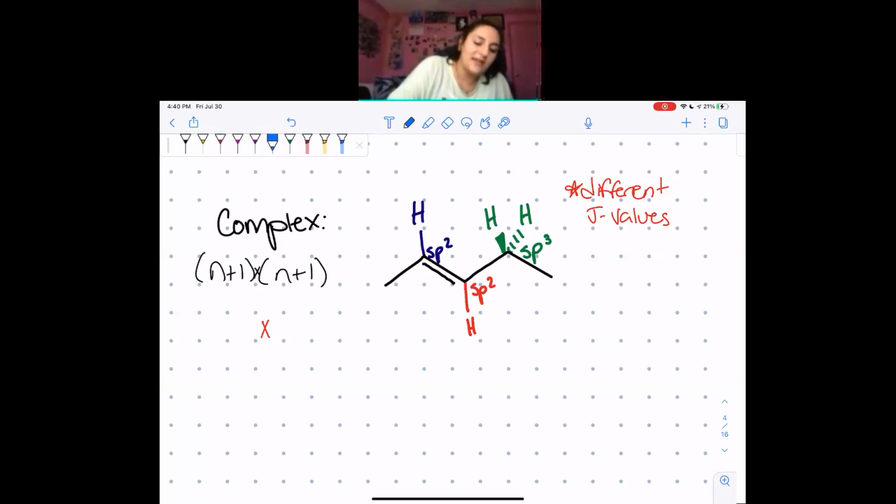On the left side, we have one blue hydrogen plus 1. On the right side, we have 2 green hydrogens plus 1. So we get 2 times 3, which is in fact 6.